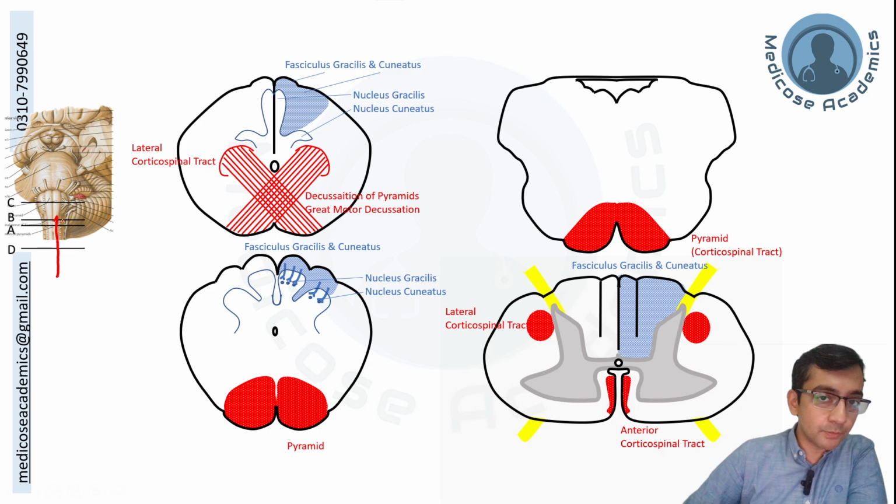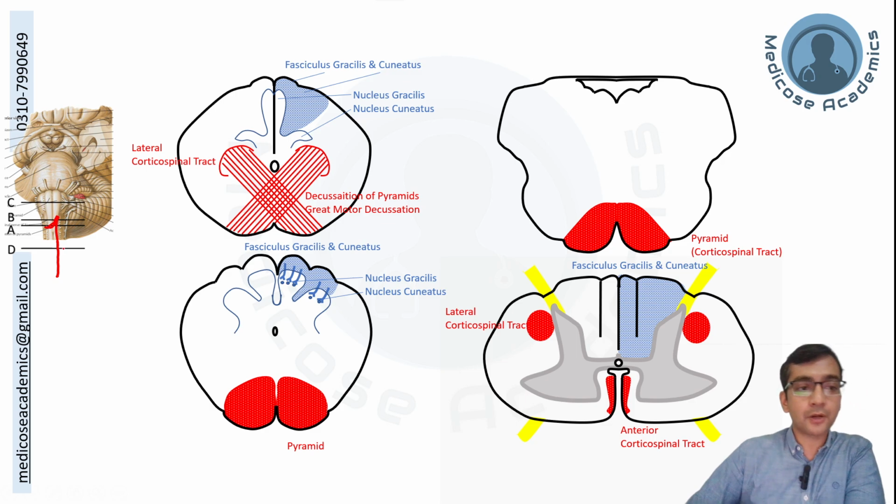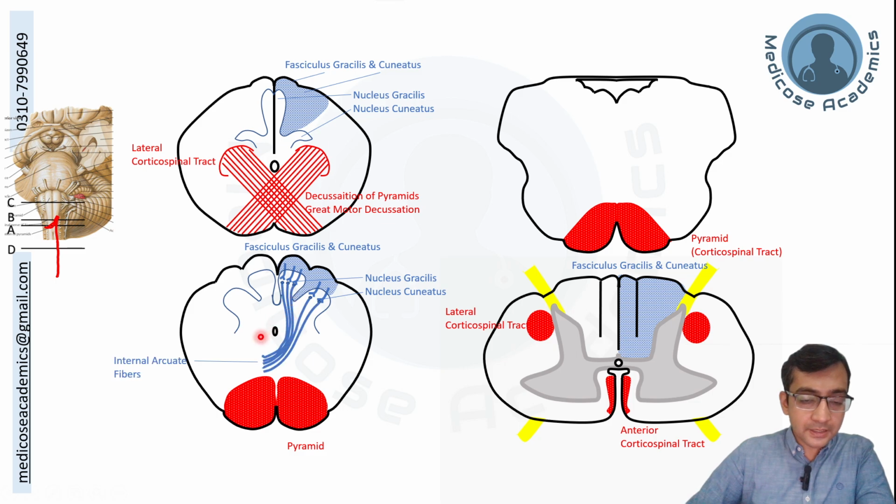Now, the fibers from these will cross the midline as internal arcuate fibers, and then they will move up as medial lemniscus.